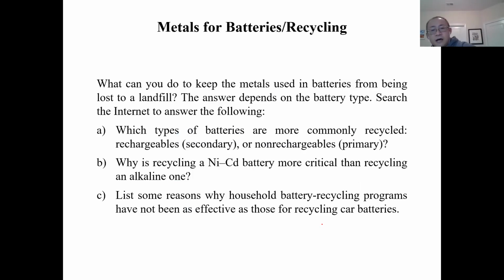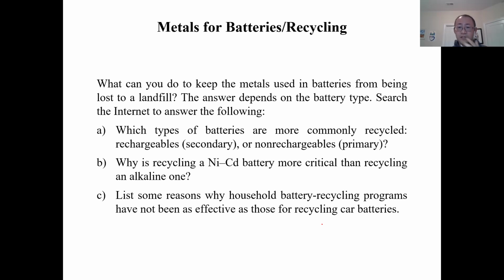Next we want to talk about metals in batteries and also some recycling issues. If you remember, so far we have seen many types of galvanic cells, including the alkaline battery, lead acid battery, nickel cadmium battery, and lithium ion battery.